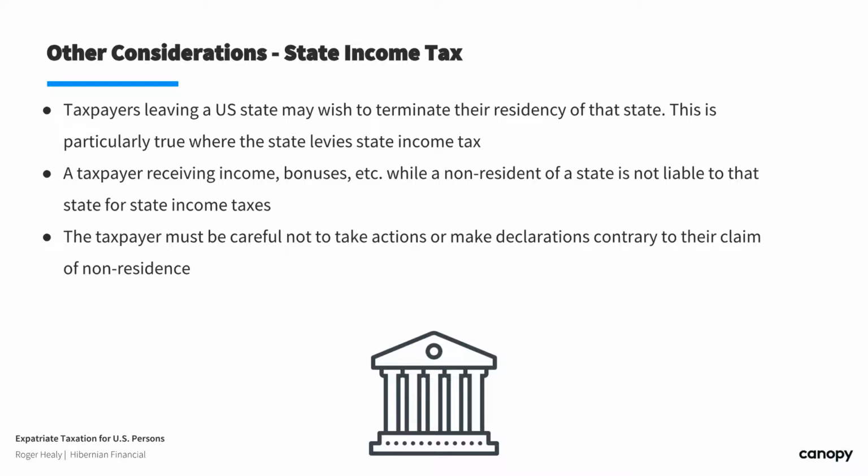His claim to be resident in Singapore was undermined by his choice to claim residence on his hunting license, thereby saving him about $30 a year on his hunting license fee, being the difference between a resident and non-resident hunter. So you have to be very careful that you don't make any declarations contrary to your claim of non-residence.